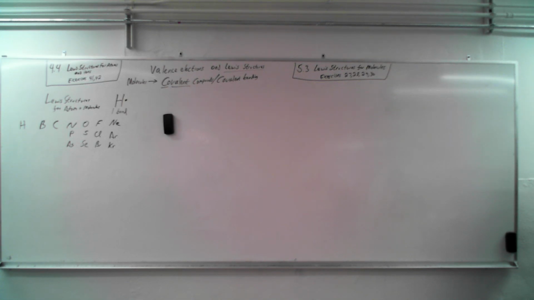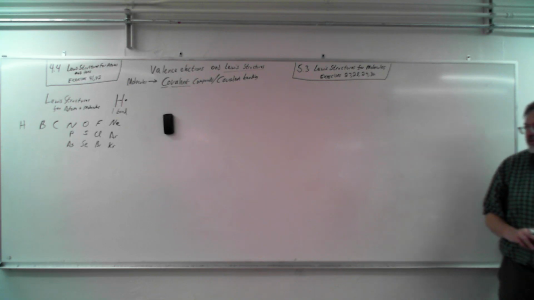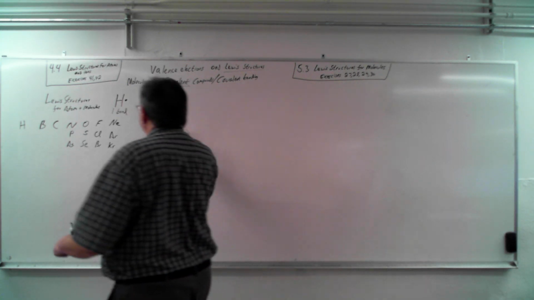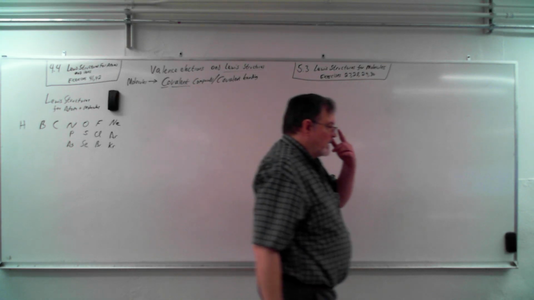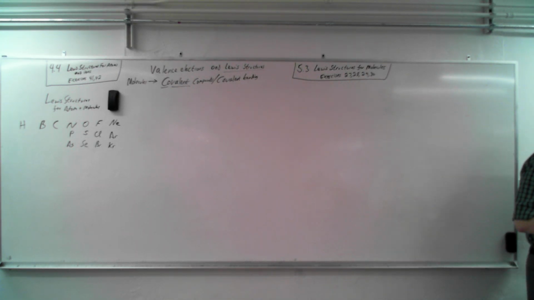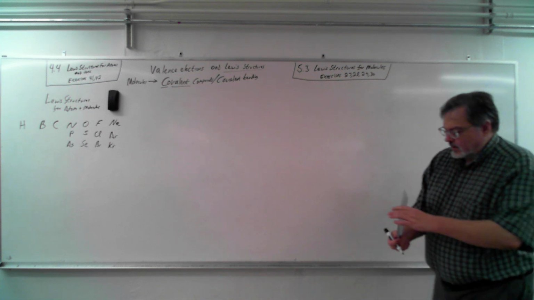It gives you a system of rules to follow to make Lewis structures for molecules. But let me just come up with some examples without following these rules to give you an idea.